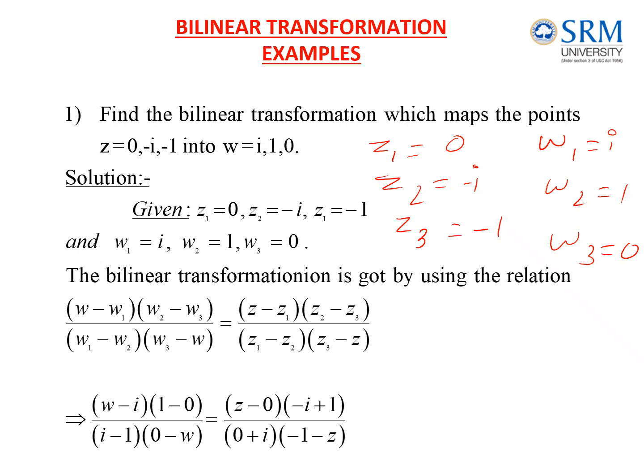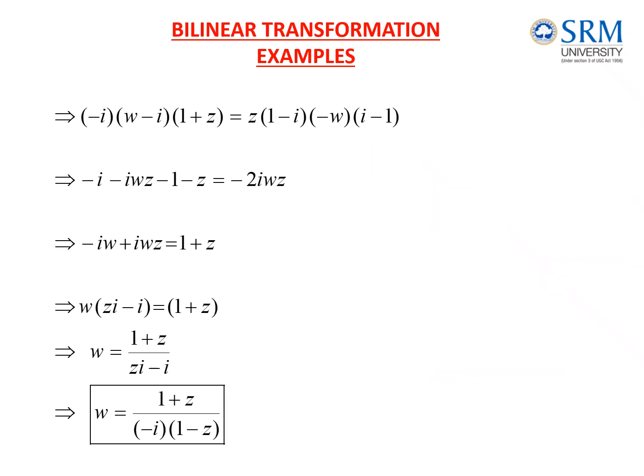After substituting, we simplify further and express the bilinear transformation as W equal to a function of Z. We bring the W terms to one side and all other terms to the other side. Cross multiply, expand these terms fully, and collect the W terms on one side. Then you will get W equal to (1 plus Z) by minus i into (1 minus Z). This is the required bilinear transformation.